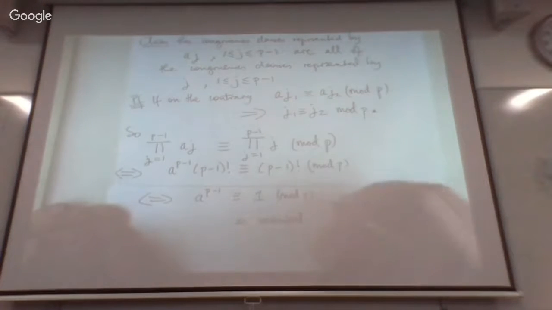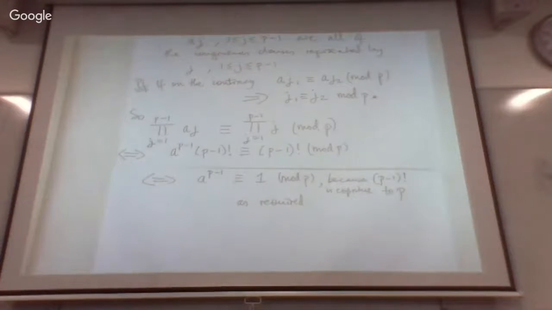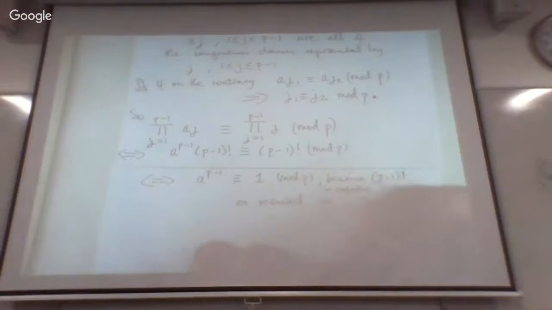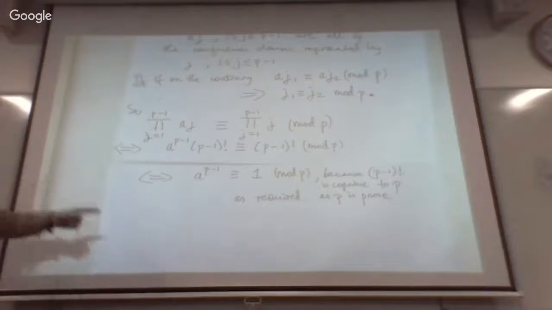And that's true because p minus 1 factorial is coprime to p, because p is a prime. The primeness of p is right here. So what have we done?